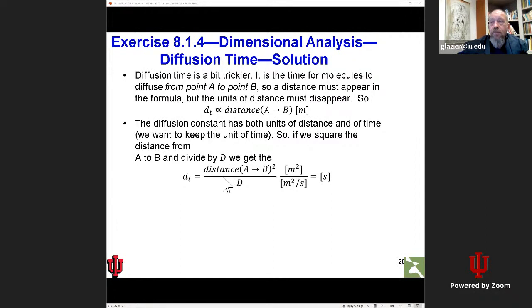As you say, distance squared divided by D gives me units of time. So L squared, or distance squared, divided by D. That's how long it takes to go. And that was what we had before.